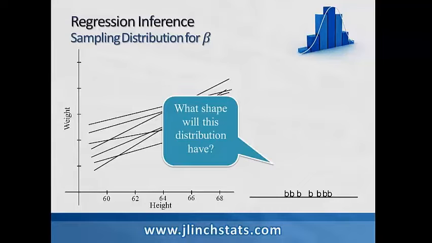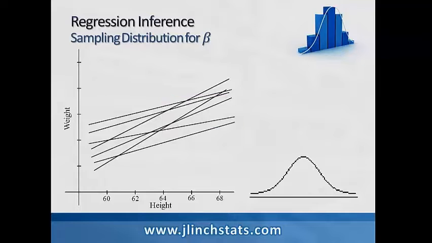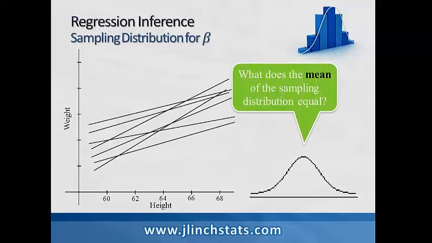Well, since b is an unbiased estimator of beta, we would expect that the sampling distribution here would be approximately normal. Now, what does the mean of the sampling distribution equal? And once again, the sampling distribution is based off the value of b, the slope of the least squares regression line, based off of our sample data.